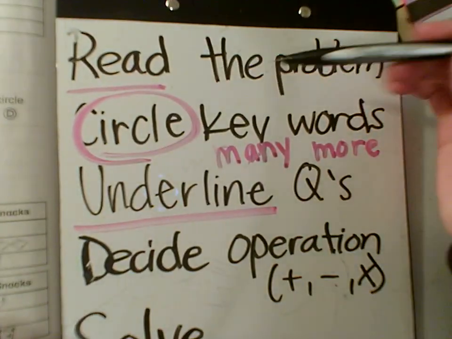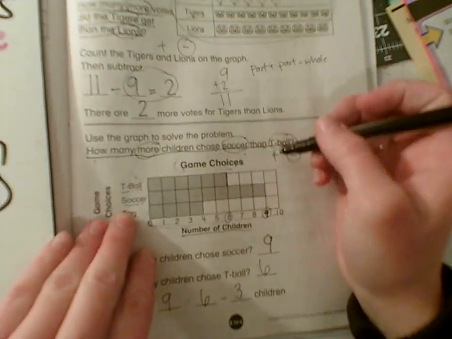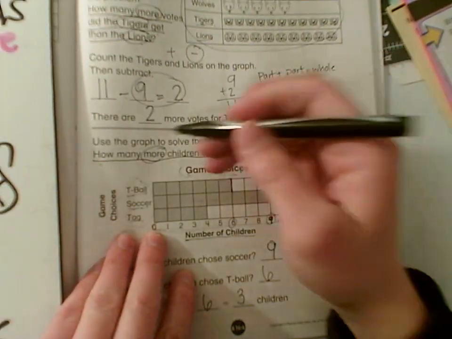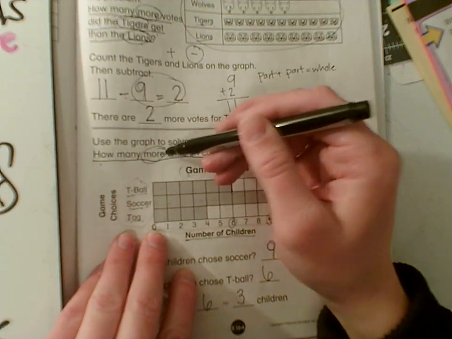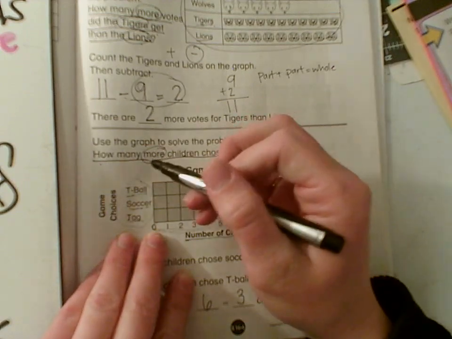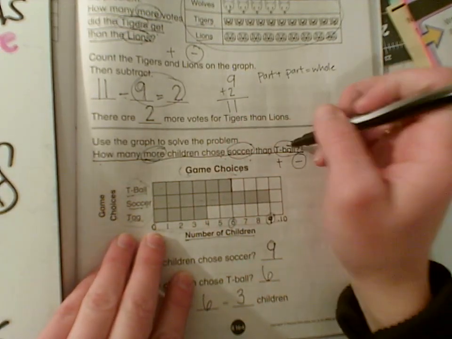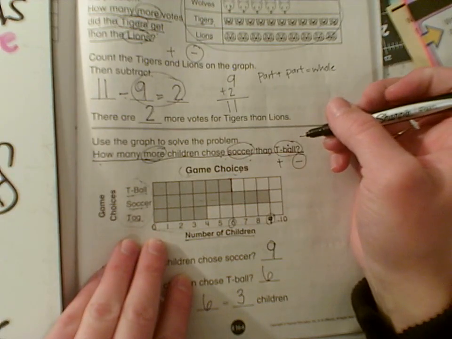So first, we need to read the problem, which we did, and then we need to circle keywords that will help us unlock the problem. So, for instance, I circled more, soccer, and t-ball. Why? Because more tells me that I need to find the difference of soccer and t-ball.